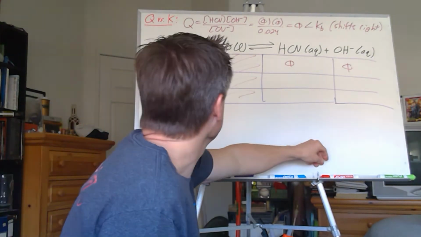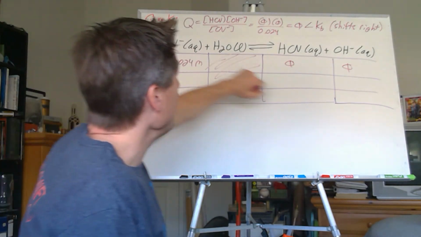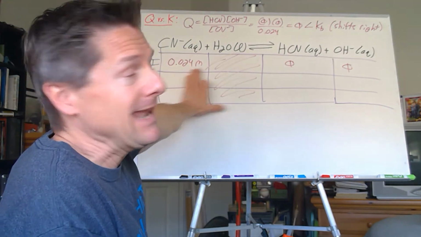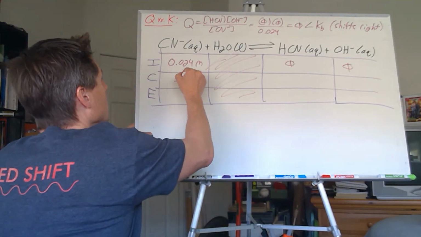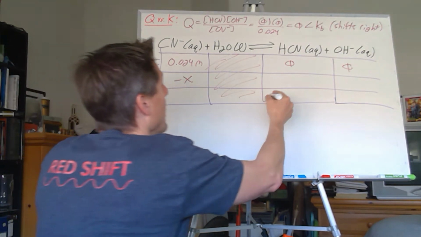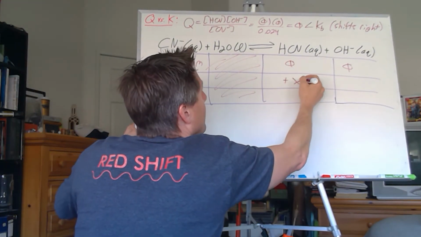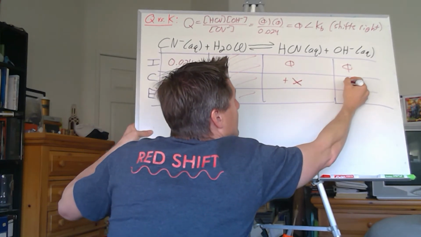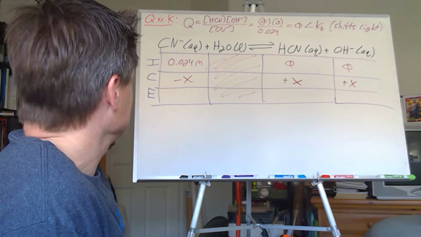Here we go. Let's fill this in. We are shifting this way, so my reactants are going to be negative. My products are going to be positive. They all have coefficients of 1, so I'm going to lose X of my reactant when the cyanide ion ionizes over. I'm going to form X of the HCN and form X of the OH minus.